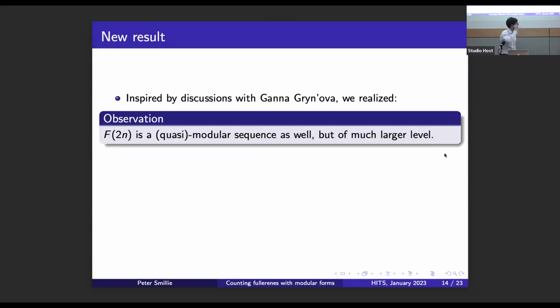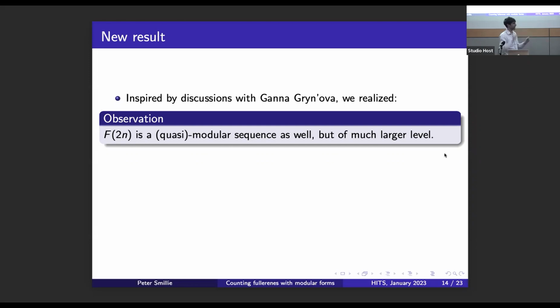Again, that was where I was going to end when I offered to give this colloquium. But just 2 weeks ago, we have a new result. As Anya mentioned, this is inspired by discussions with her. We realized that this F of 2n is also modular, but of a much larger level.